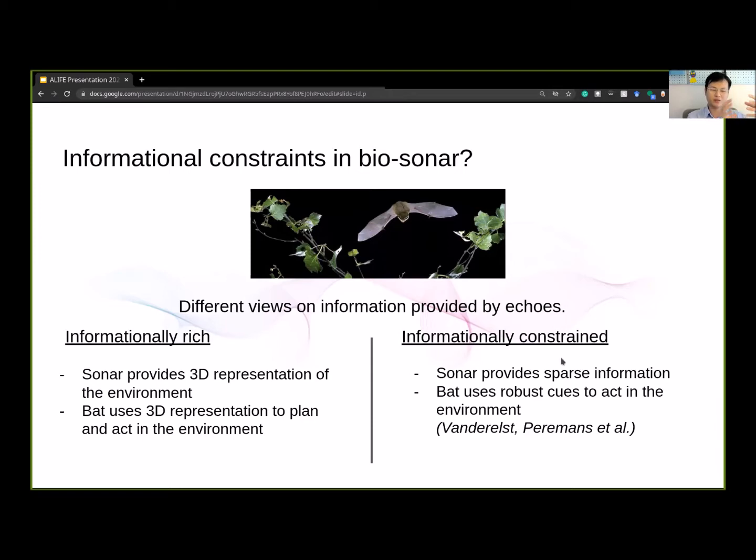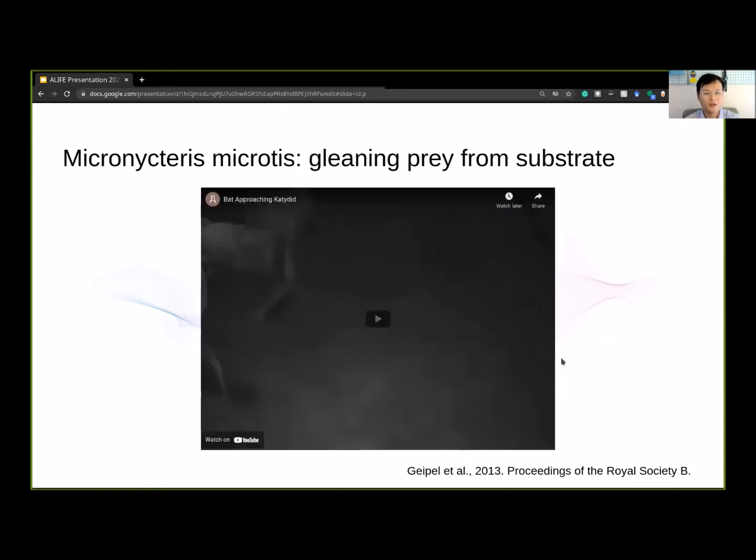It's either a small sphere or cube. In the real world, as you know, a target often has a way more complex shape, and the bat has to be able to rely on some robust cue to deal with overlapping echoes to understand the complex environment. So the information that it receives is not a lot, so it needs to rely on something more robust.